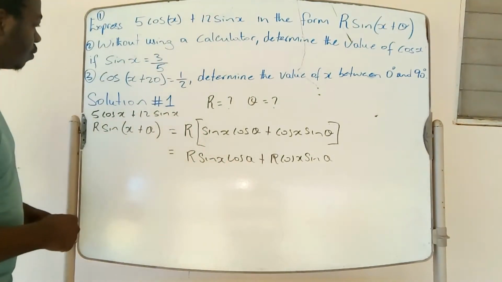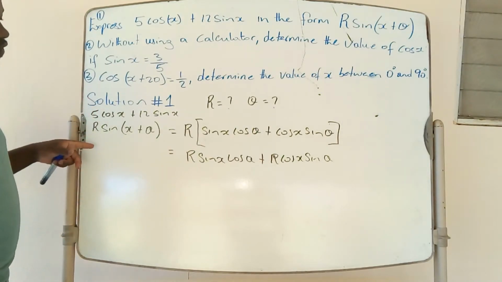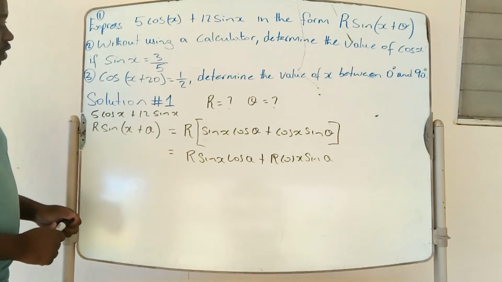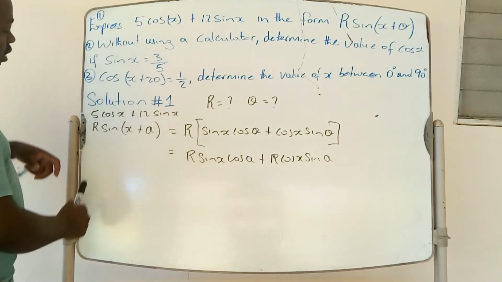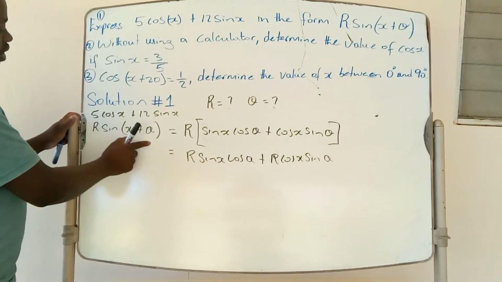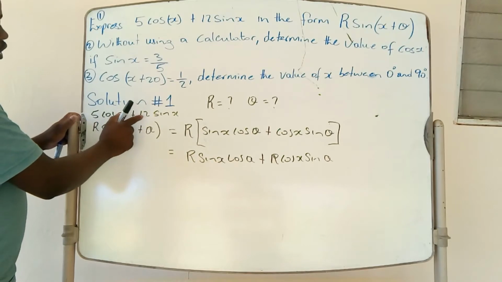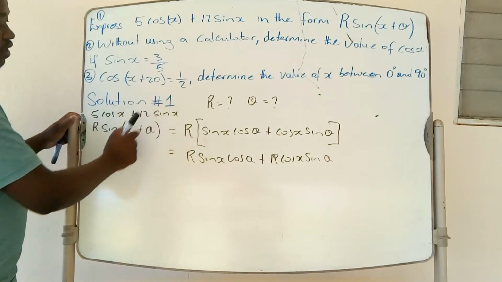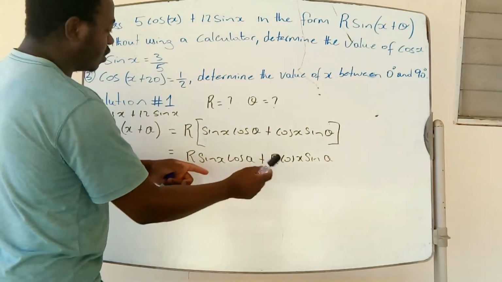But remember, if you are expressing something in another form, you are not changing the value of that thing. So that means these two things are equal. It means that r sine(x plus theta) is actually equal to 5 cos x plus 12 sine x. So if they are equal, we are going to find the exact parts that equal each other.